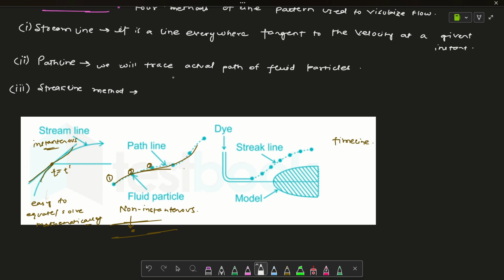In the streakline method, it is the locus of particles that have earlier passed through a prescribed point.